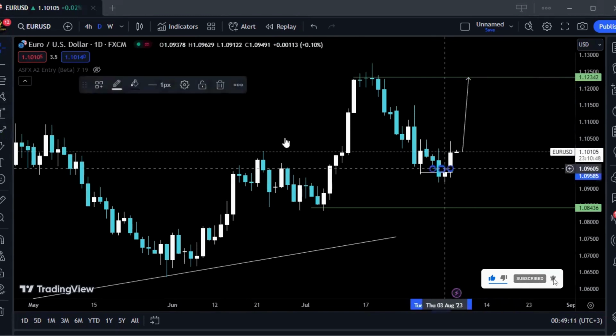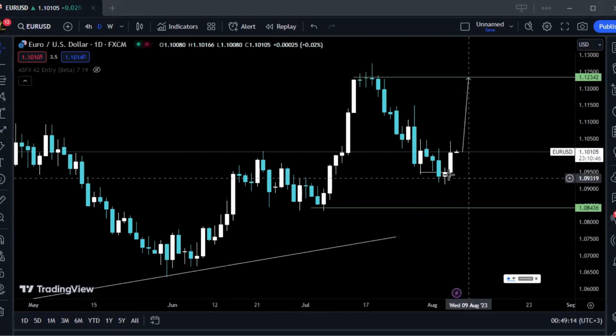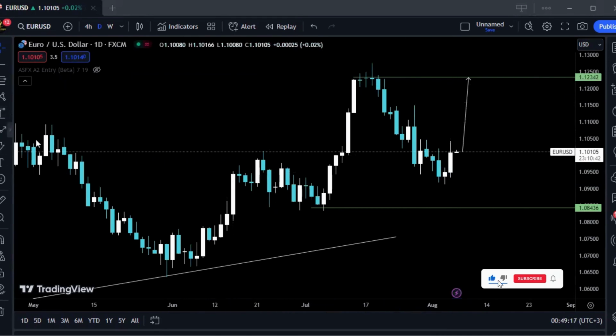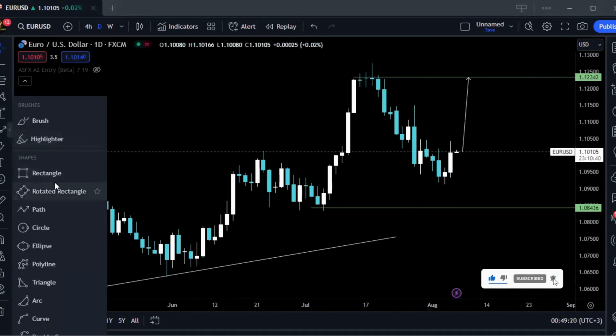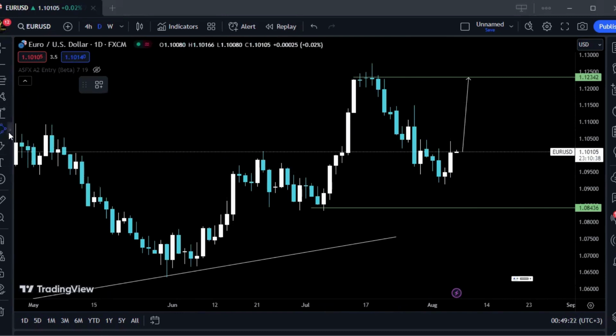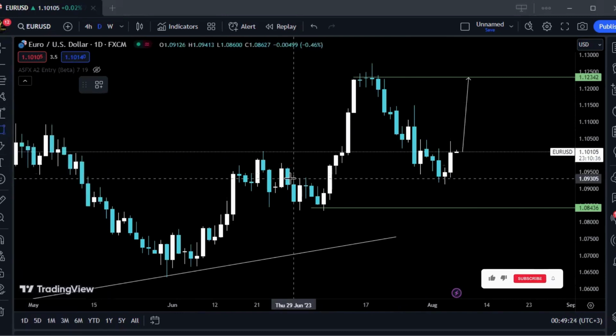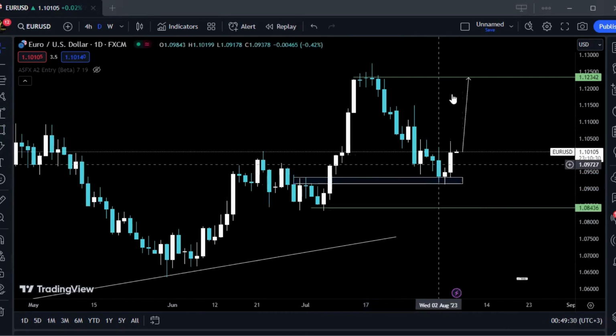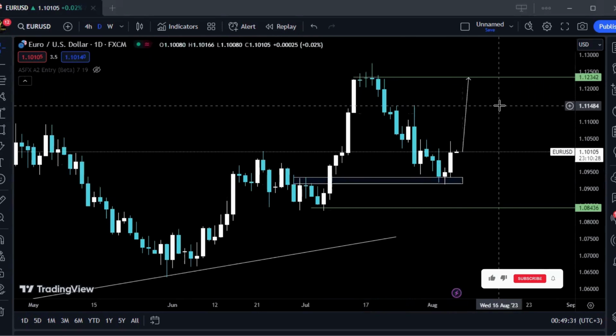As you can see, prices on EURUSD formed with a morning star. Prices closed with a morning star. So I'm anticipating to see a continuation from where they are to the next market structure.